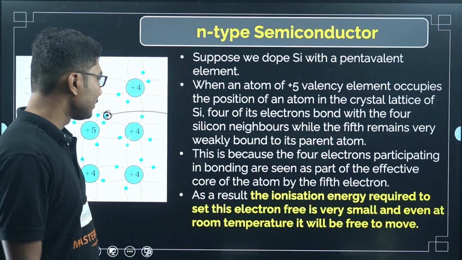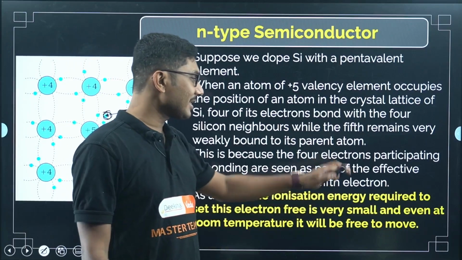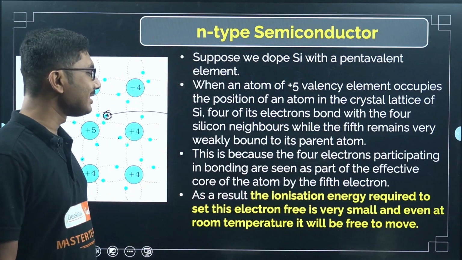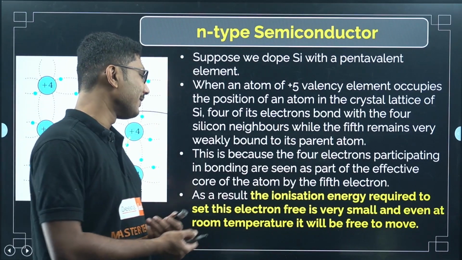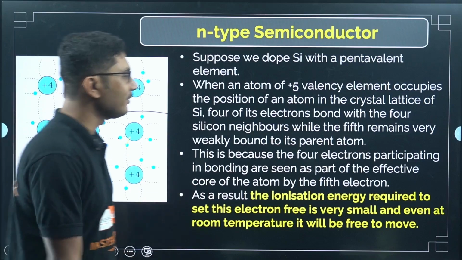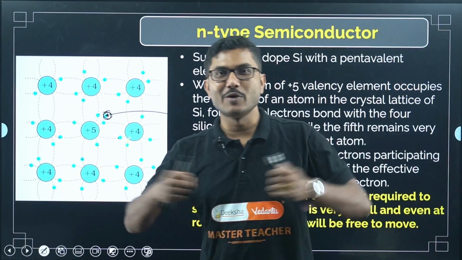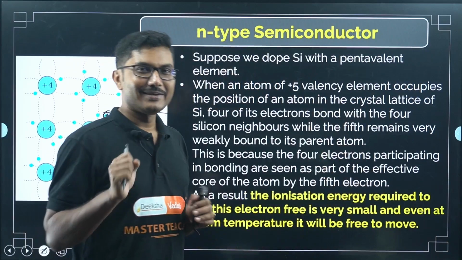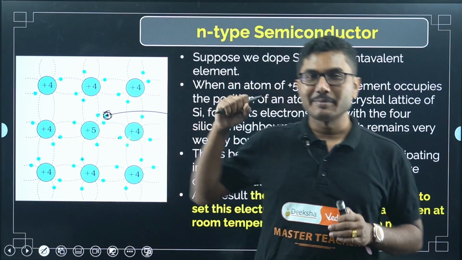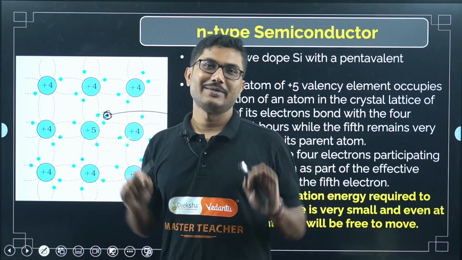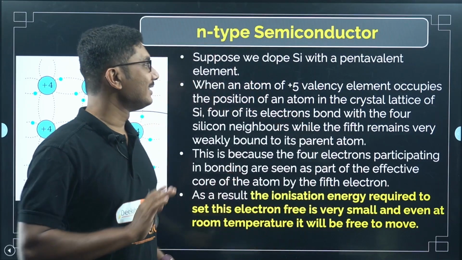As a result, the ionization energy required to set this electron free is very small, and even at room temperature it will be free to move. He will say, I am the rebel, I am the adopted child, I will do whatever I want. Just jokes apart, don't take it seriously.